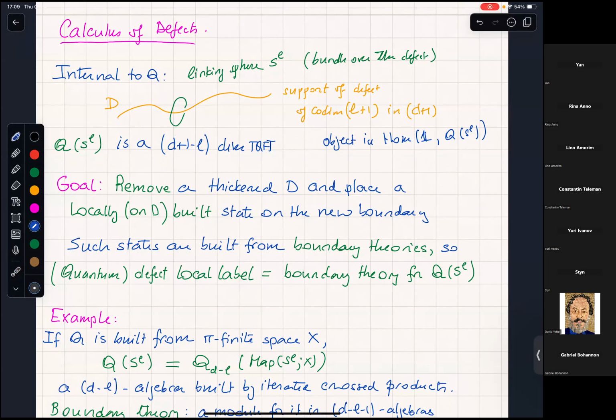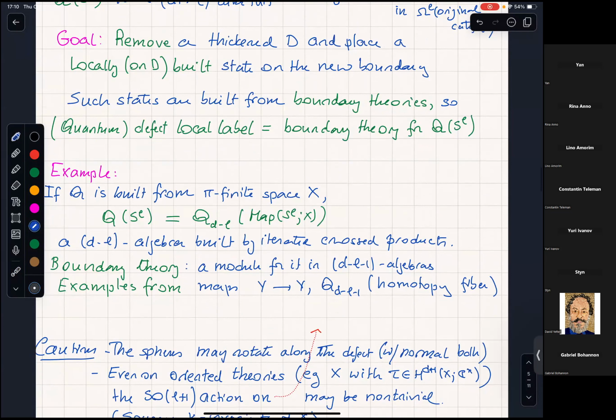So it's inside the D plus 1 minus L category, which is, I think, the L-fold loop space of the original category where the TQFT lives. It's something very precise. And then there are finiteness conditions on this, so it really defines a boundary condition. But that's what you're looking for.